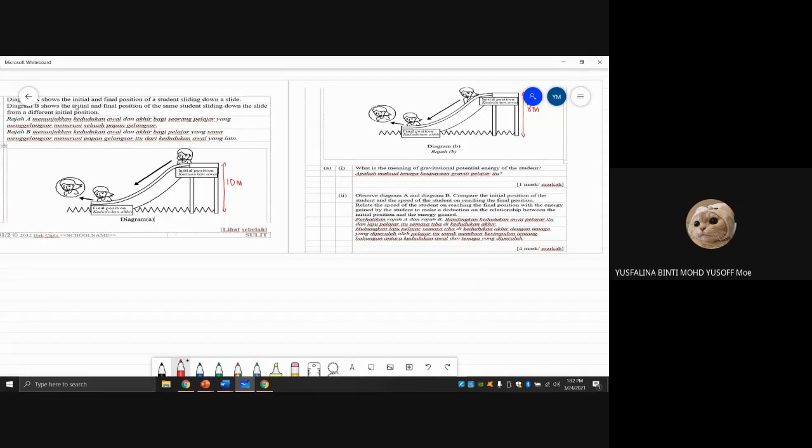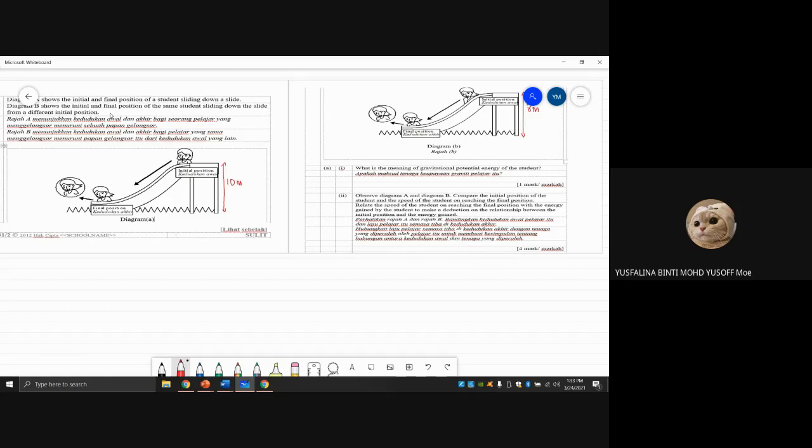Diagram A shows the initial and final position of a student sliding down a slide. Diagram B shows the initial and final position of the same student sliding down the slide from a different initial position. For the first question, they ask what is the meaning of gravitational potential energy.